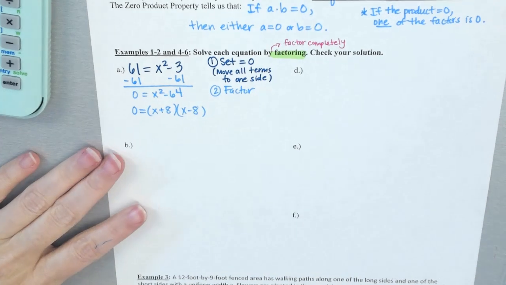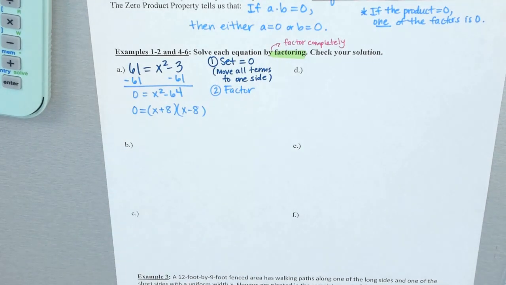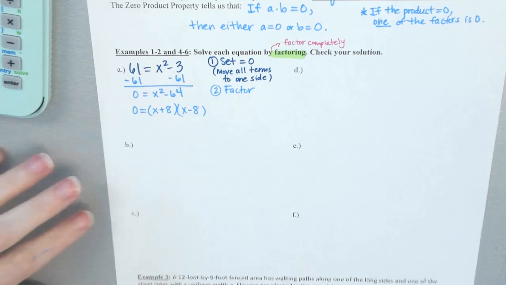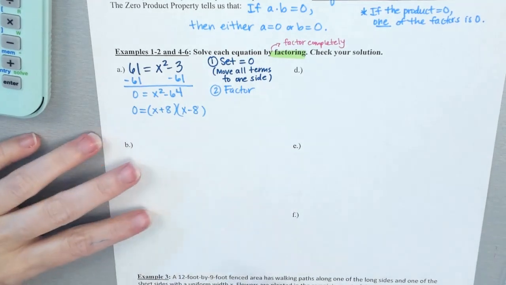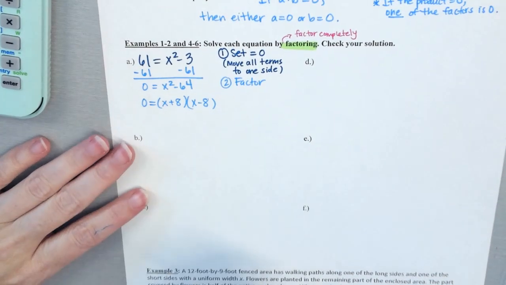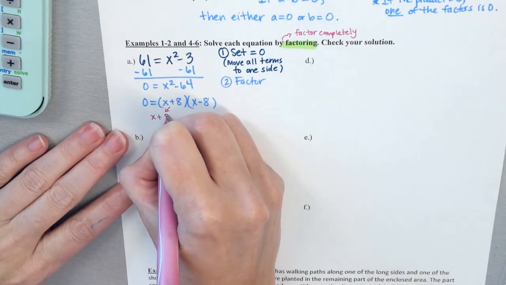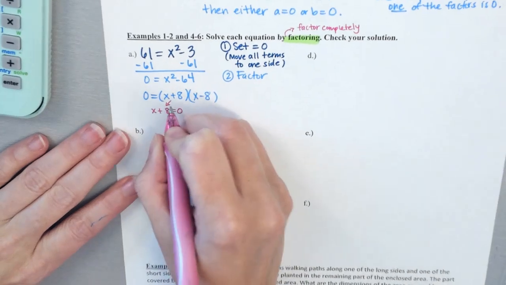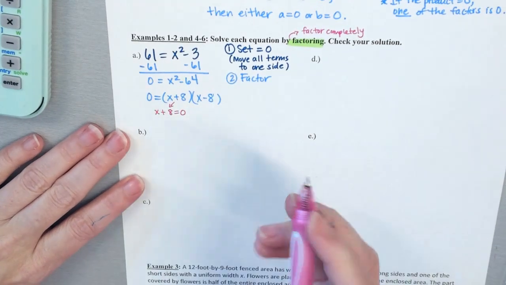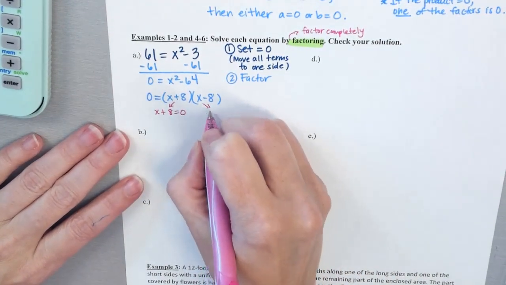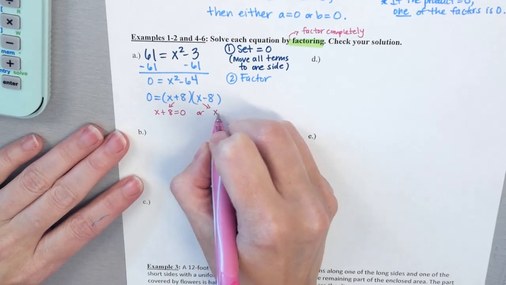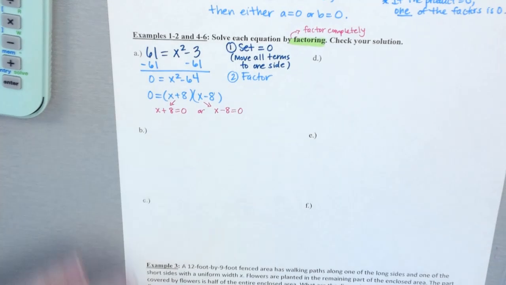Now, this next step is something that you have to write out that I know is going to be so painful for some of you, but this only works because of the zero product property. So you just have to write out that it's either x plus 8 equals 0, because these two multiplied together equals 0, or x minus 8 equals 0.